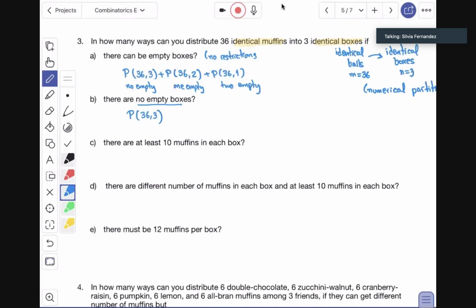for this one, because I specified some version of a specified number of balls per box, then I actually need to have the partitions that are allowed here.